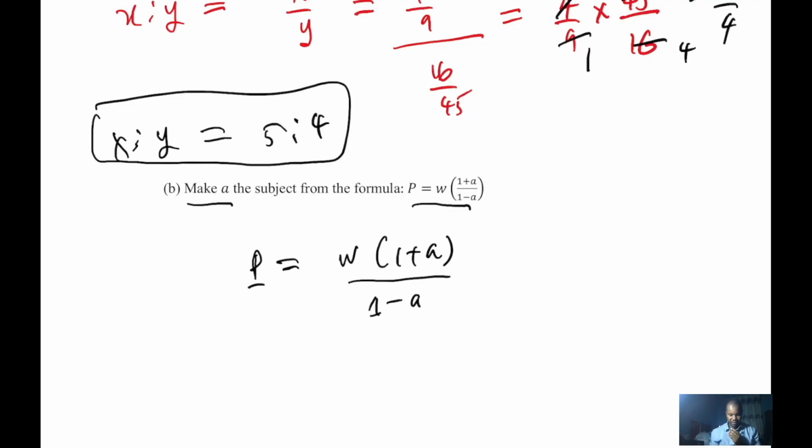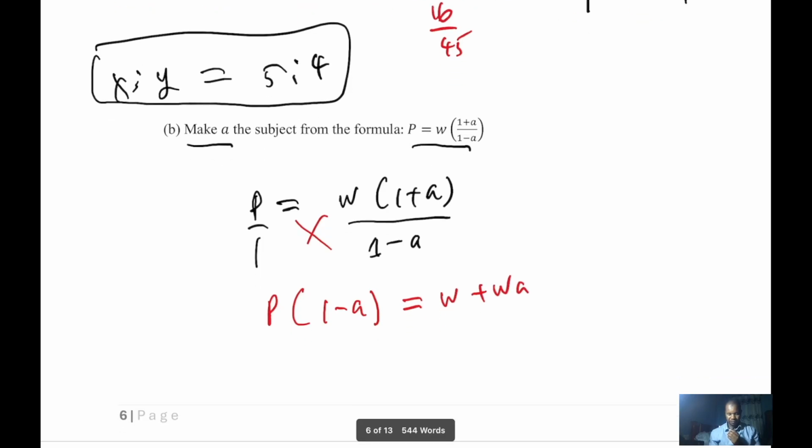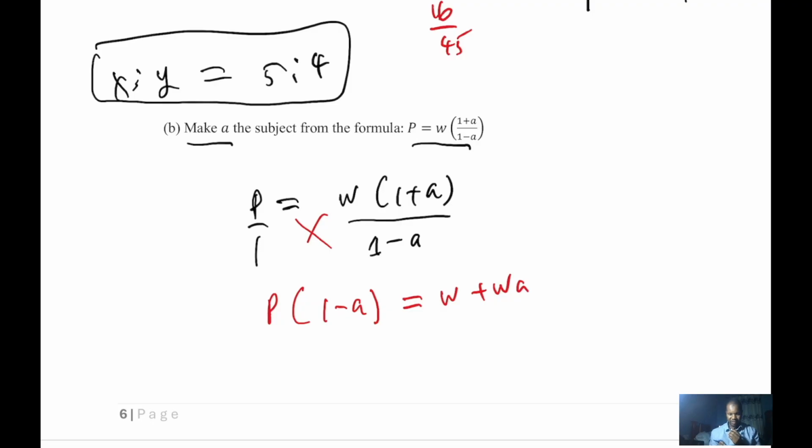I just rewrote the expression, and from here you can cross multiply. So you have p in the bracket 1 minus a equals w plus wa.